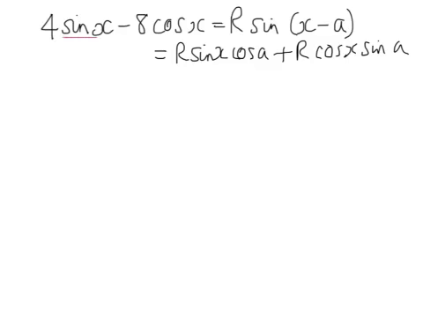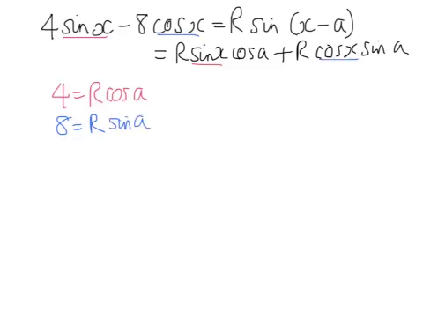Okay, so again we're going to equate and get our two equations. So we've got 4 is r cos a and 8 is r sine a. Okay, so we're going to do the squaring thing again. So again we'd have 4 squared is r squared cos squared a, and 8 squared is r squared sine squared a.